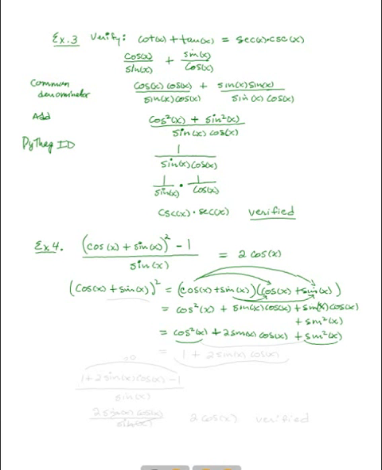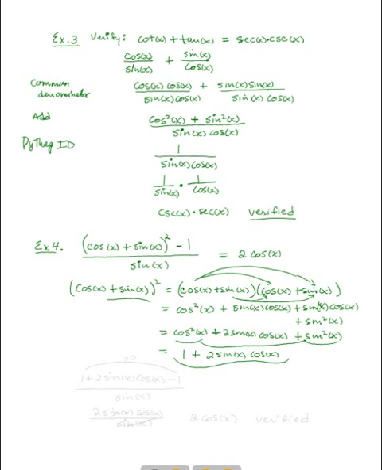But cosine squared plus sine squared, that combination just equals 1. So we just have 1 plus, and then what we had in the other term was 2 times the sine of x times the cosine of x. So the quantity cosine x plus sine of x squared turned out to be equal to 1 plus 2 sine of x cosine of x.